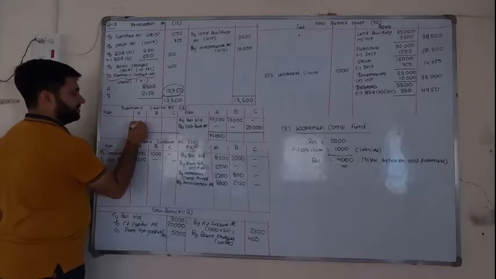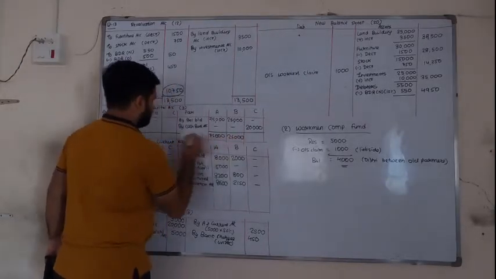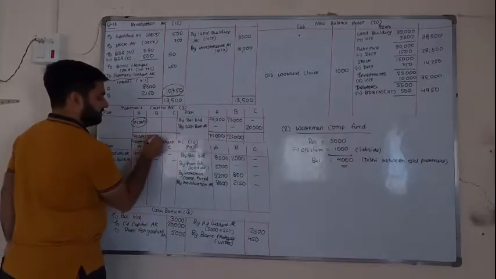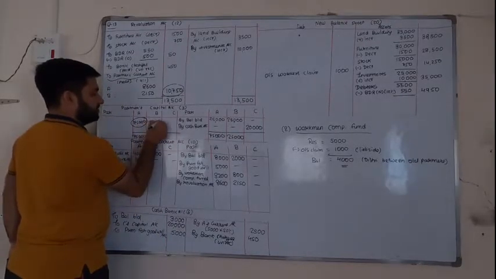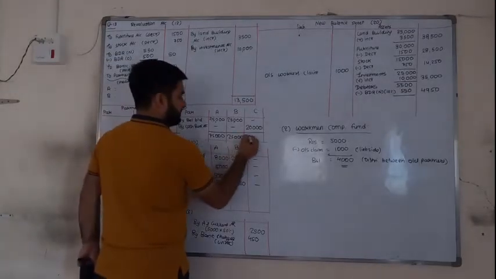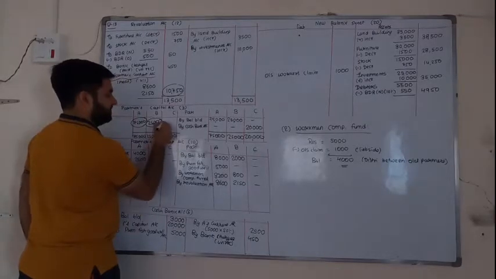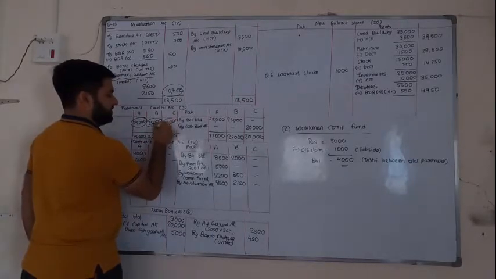75,000, balance is also 75,000. 25,000, balance is also 25,000. Then 20,000, balance is also 20,000.